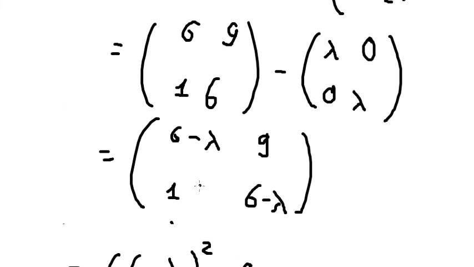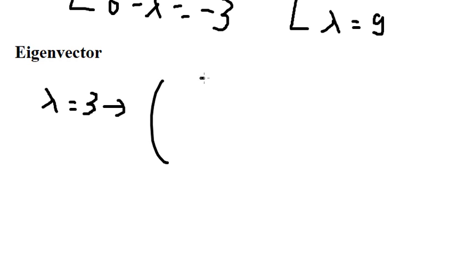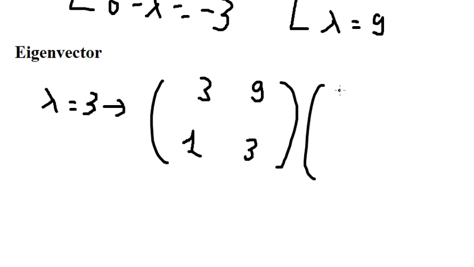So 6 minus number 3, we have number 3. And then we have n1 and n2, because we want to find the eigenvector in here.